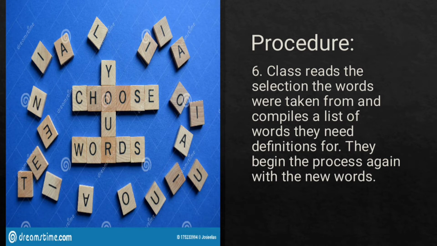So this time on procedure number 6, teacher can also make the students go in front and share their answers in front of their classmates, like on that word, according to the information that you have gathered, what do you think the meaning or the definition of that unfamiliar word? So this time, students will share their answer to the class.